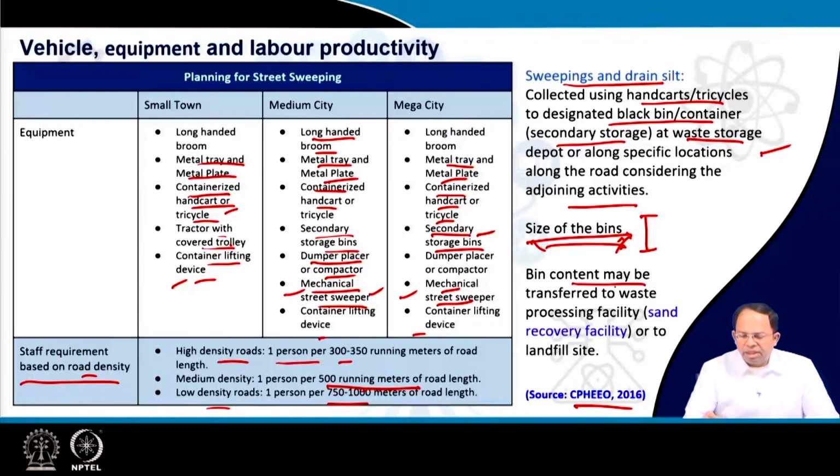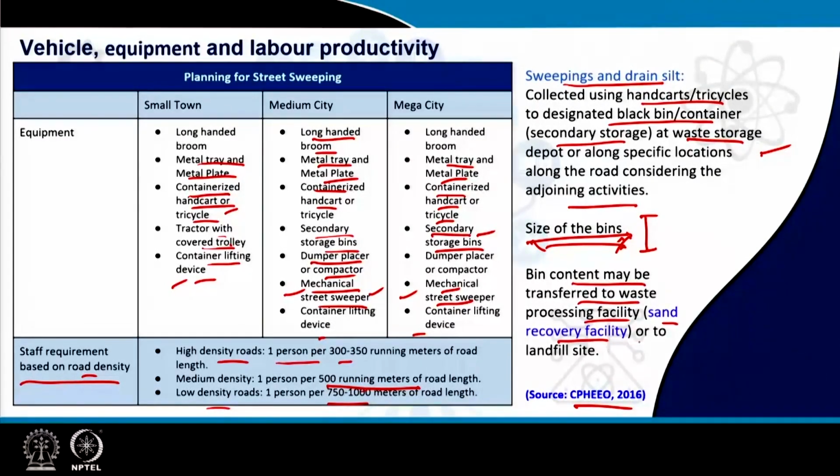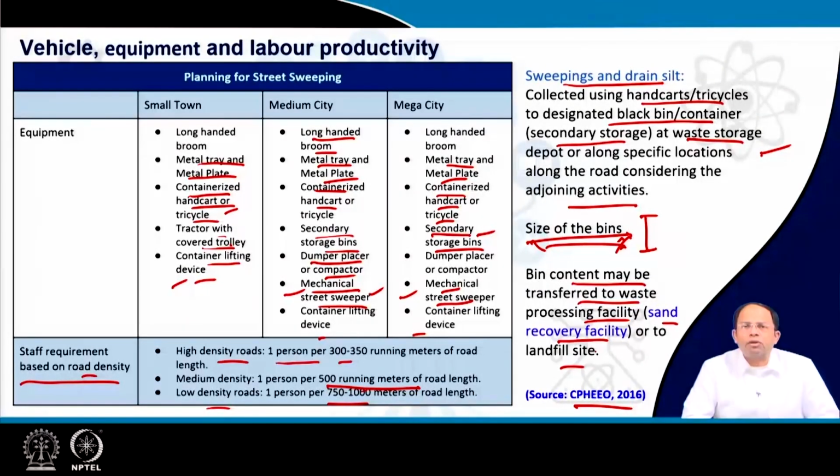Bin content may be transferred to a waste processing facility where we can recover sand, or to a landfill site. In the case of compostable waste, we can take it to a compost plant, whereas for inert waste, road dust and this kind of waste, we can take it to a waste processing facility where we can recover sand, and everything else can be taken to the landfill site.